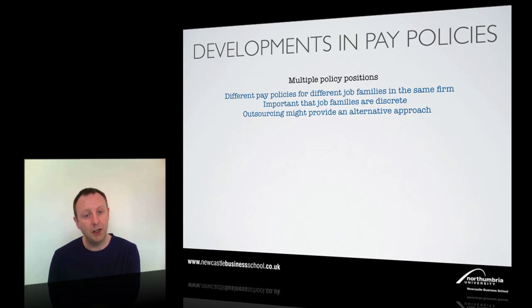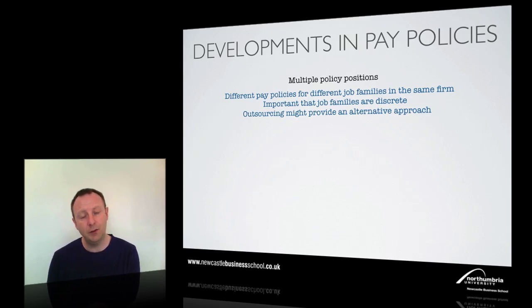But one other way of achieving the same kind of outcome is to effectively move the problem to somebody else. So an area where you don't want to be so competitive because labour markets are slack or whatever, you outsource that area. Those people effectively then become employees of another organisation.